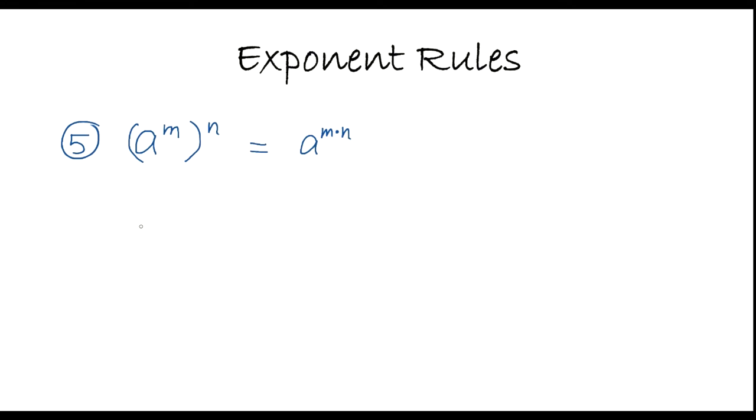Let's have an example. 7 cubed is squared. So we can have 7 and 3 and 2 will multiply together. We have 7 power 6.